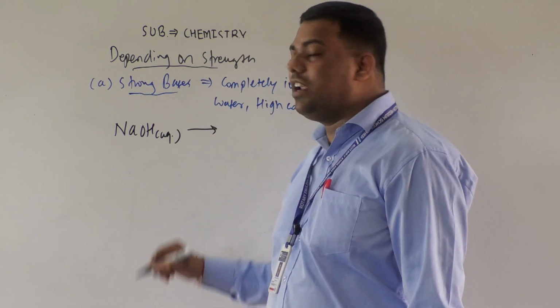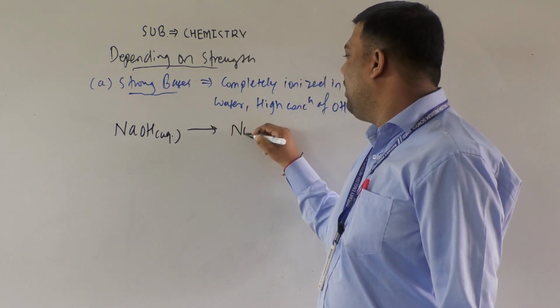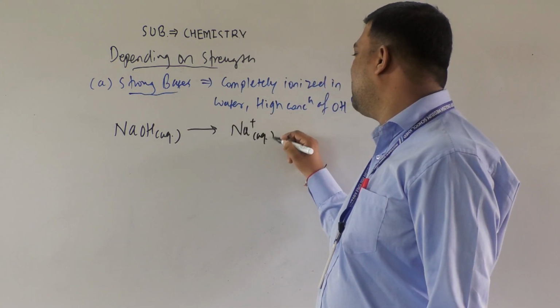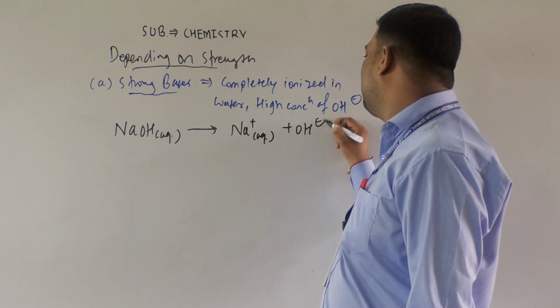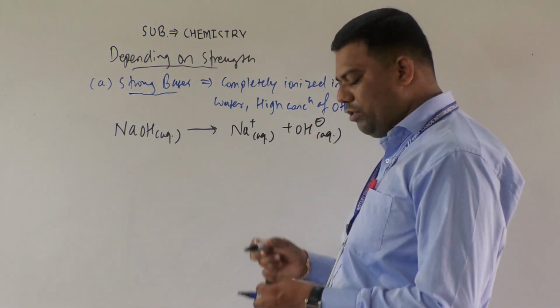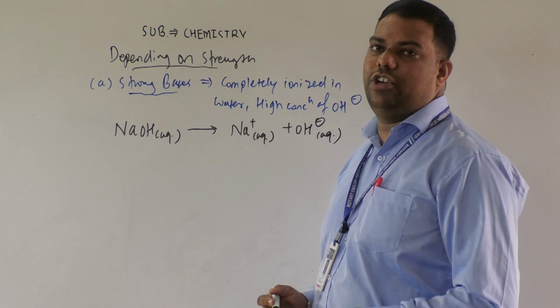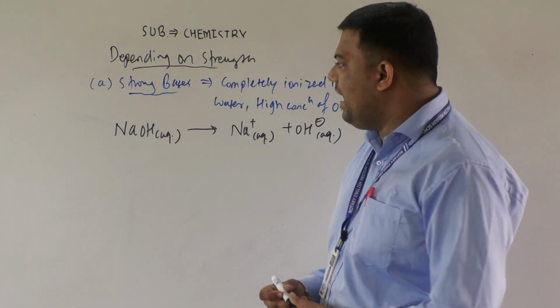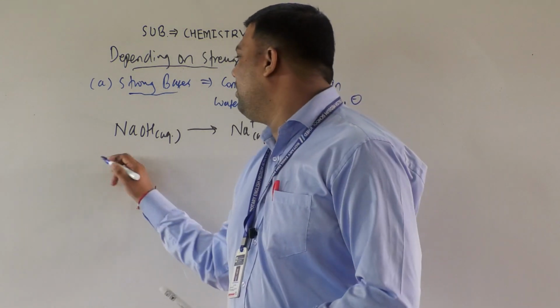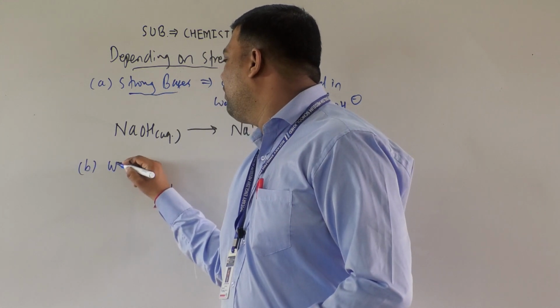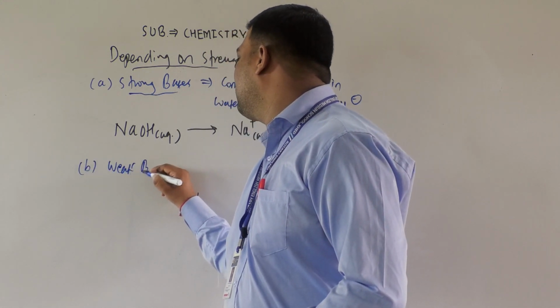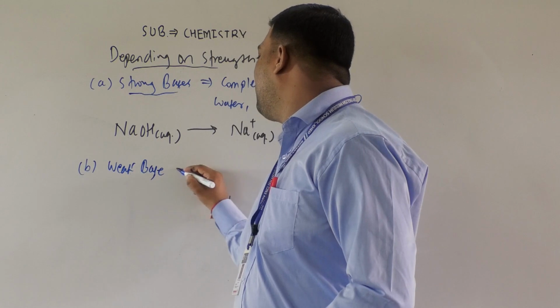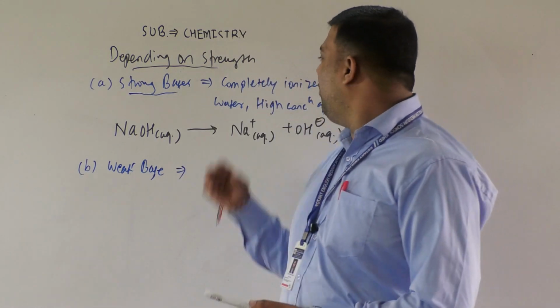So for a strong base, see the example NaOH aqueous. What will you get here? Na plus aqueous plus OH minus aqueous. These are examples of strong bases: NaOH, KOH. And suppose you are considering a weak base. Strong bases are completely ionized.